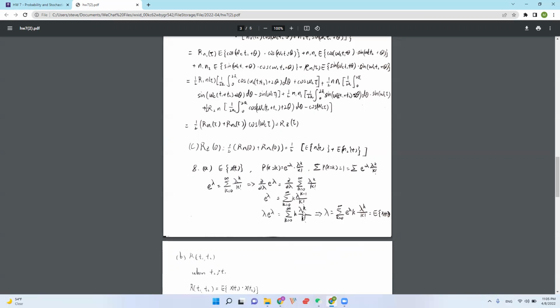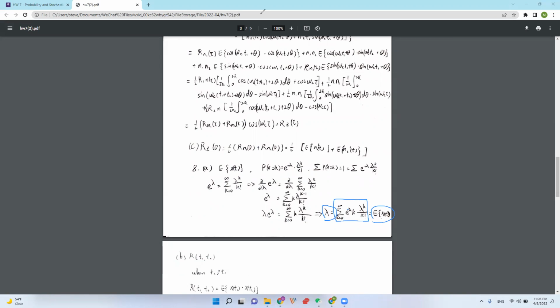Taking this to the right, there should be a negative sign over here. So here is basically what we're looking for: the expected value of x(t) is equal to lambda t, and that's everything we need to know.